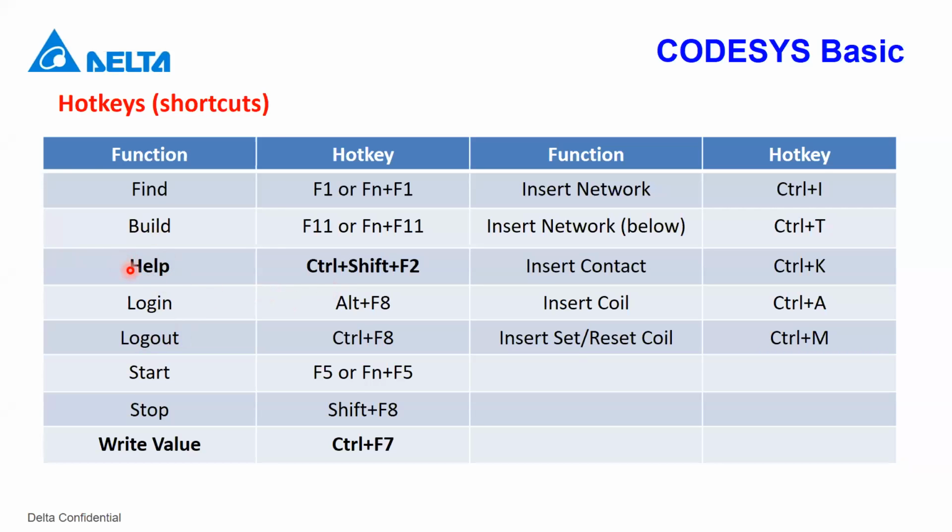So if you are inside the CODESYS software and you want to find the help, you can press Ctrl+Shift+F2. And for right value, you can press Ctrl+F7. For me, this is the most common use. But maybe you prefer to mostly use the keyboard, so you can use all these hotkeys.